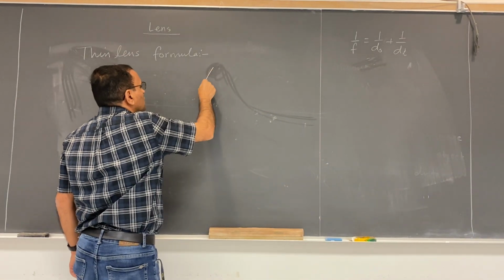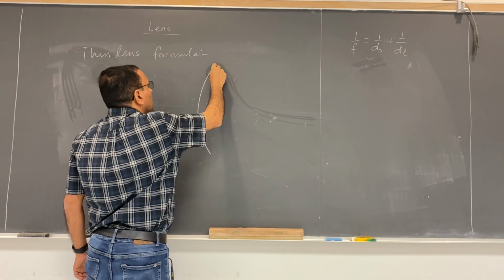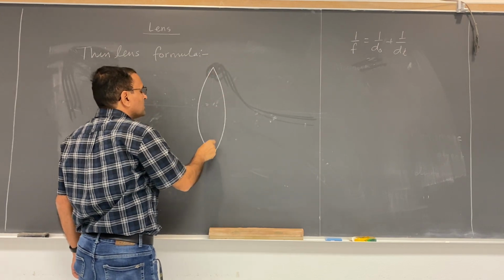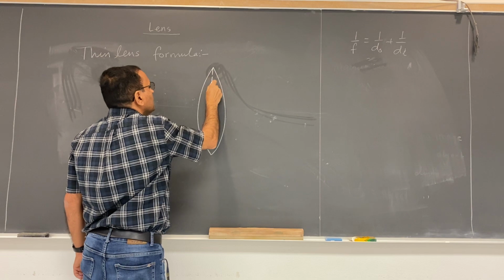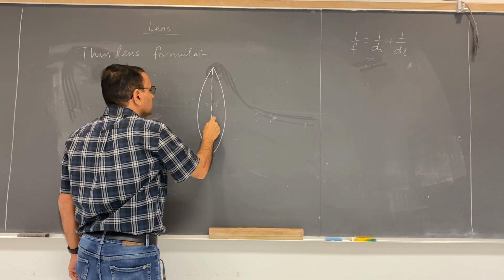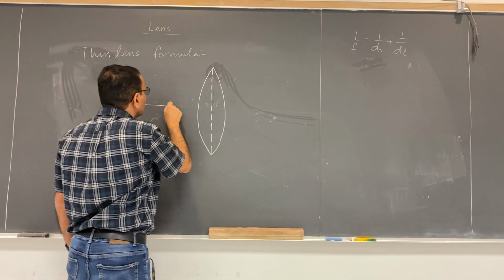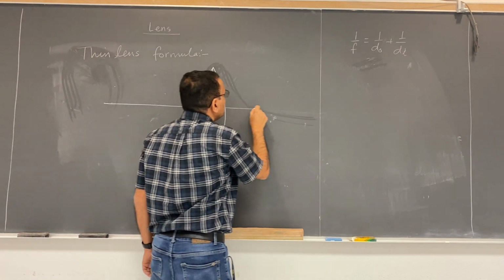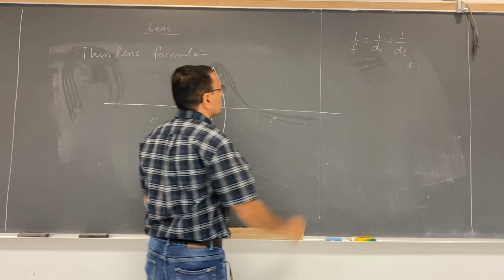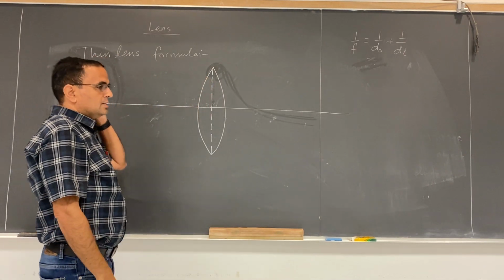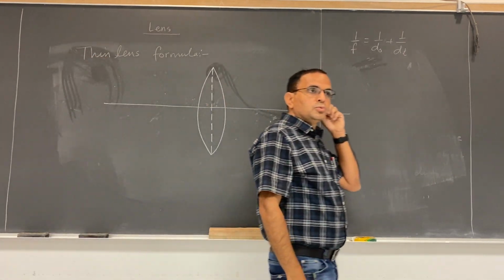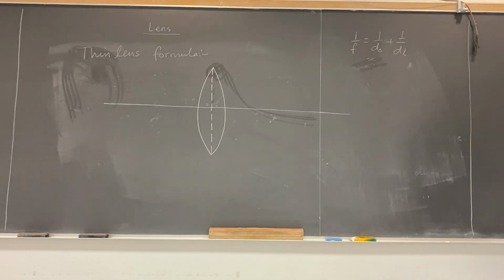First let us do it for the convex lens. This is the convex lens, this is the center line, and here you have the principal axis. Now you have to show the focal points. You have two focal points.